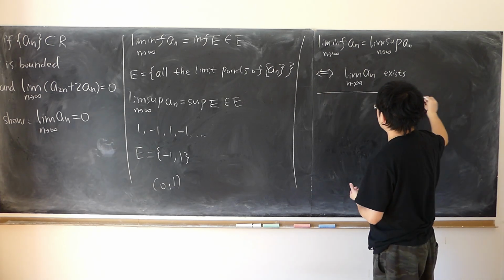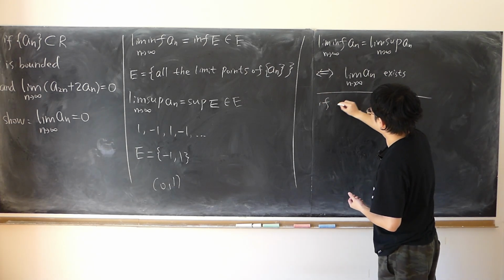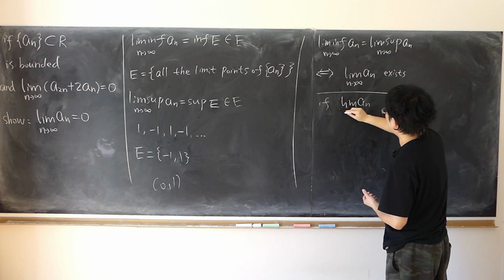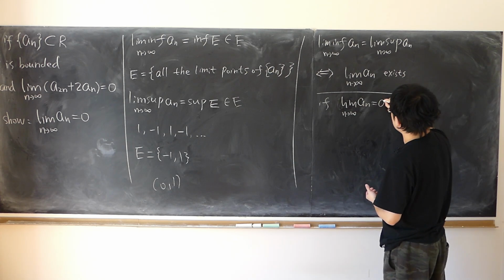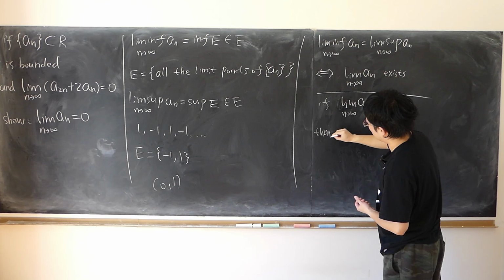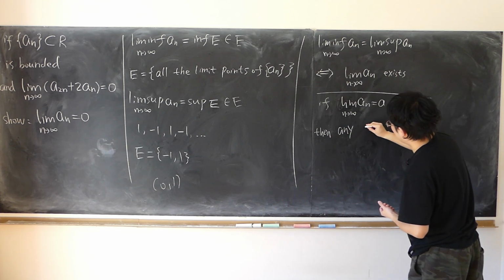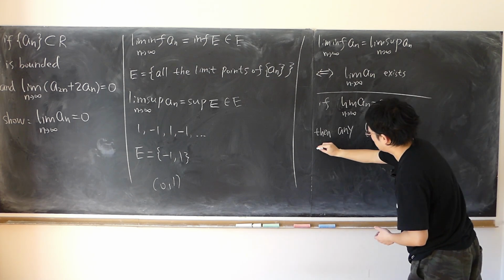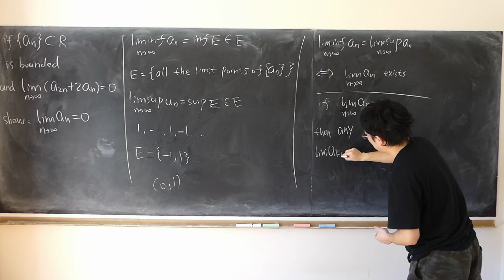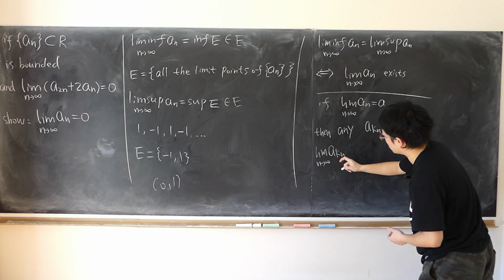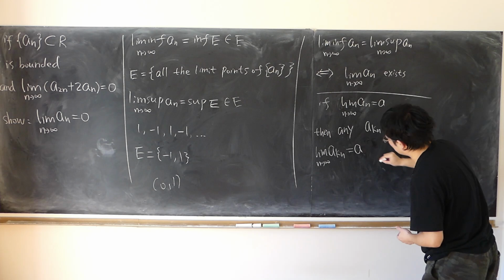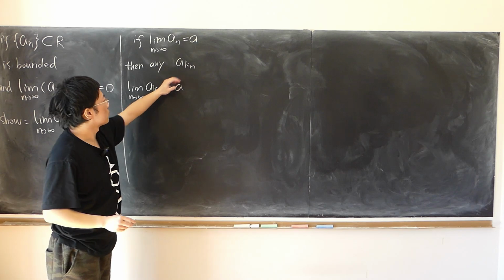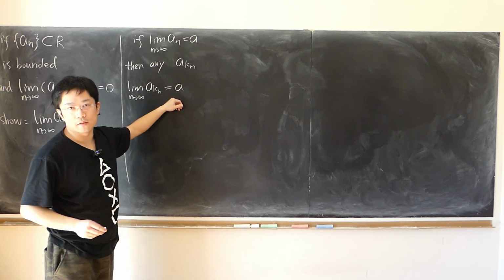I say as long as the original sequence is convergent to a, then if you take any subsequence of an, I can show that the limit also exists, also equal to a. Let's prove that if the sequence is convergent, then any of its subsequences also converges to the same limit.